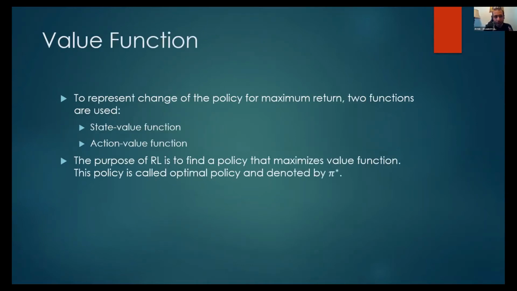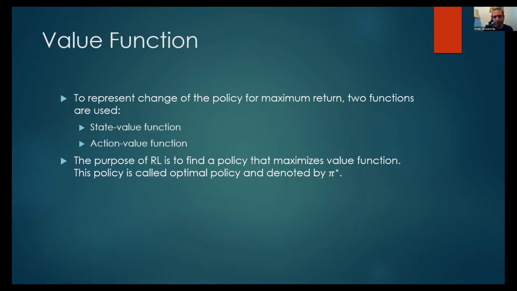To formalize it mathematically, there is a concept called value function. Value function is a definition, but it's mainly used as the main mathematical representation for reinforcement learning. And it shows the change of policy for maximum return.